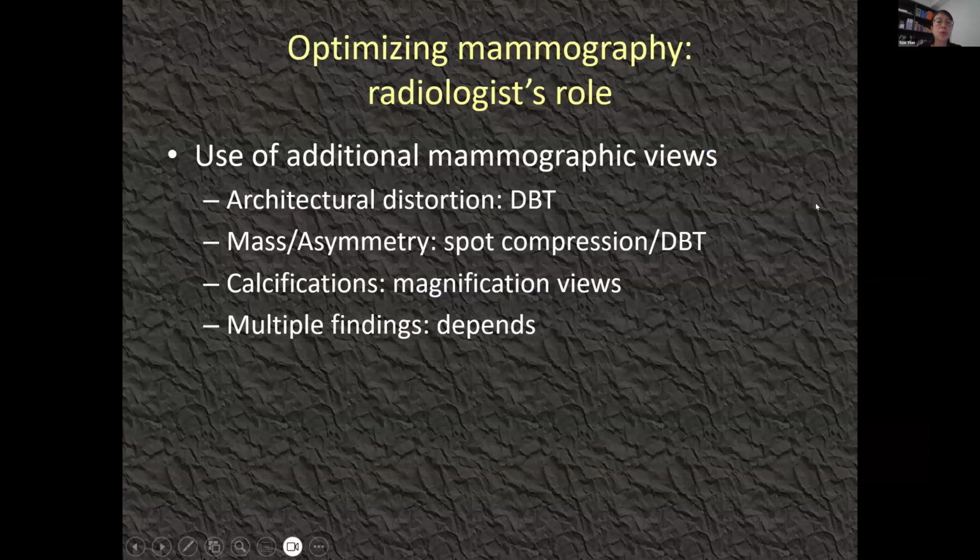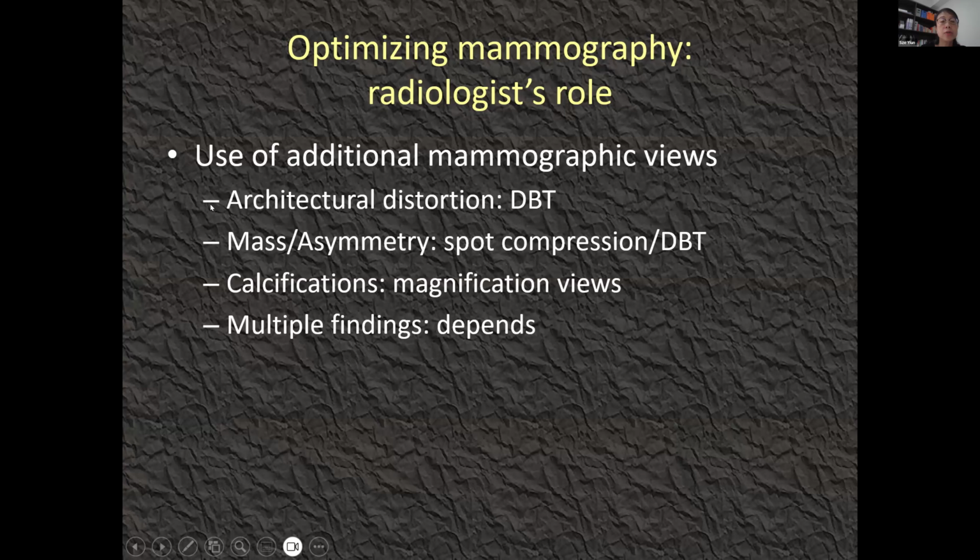How about the radiologist's role? Generally, for screening, the interval and the type of screening have already been decided. When the patient needs to undergo additional mammographic views, this is when the radiologist will prescribe the different types of additional mammographic examinations.